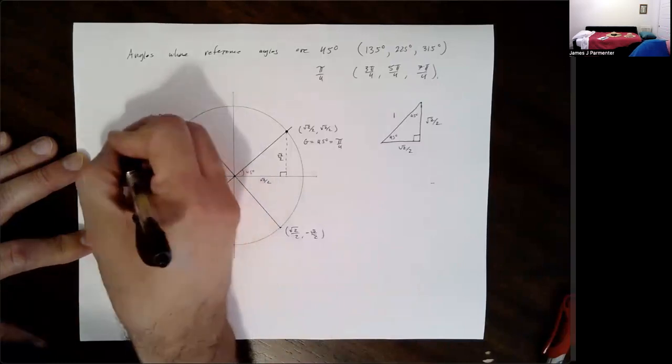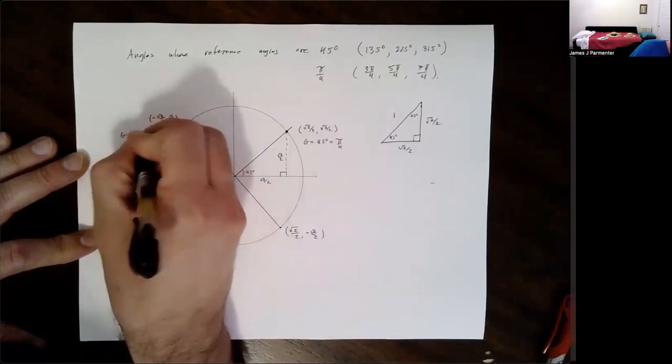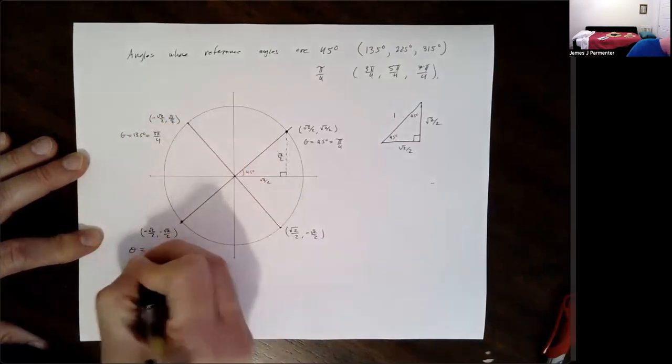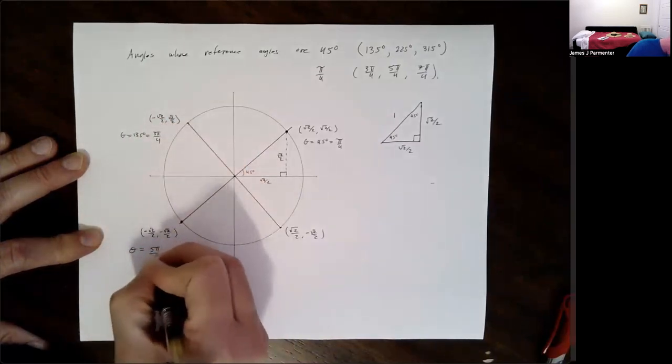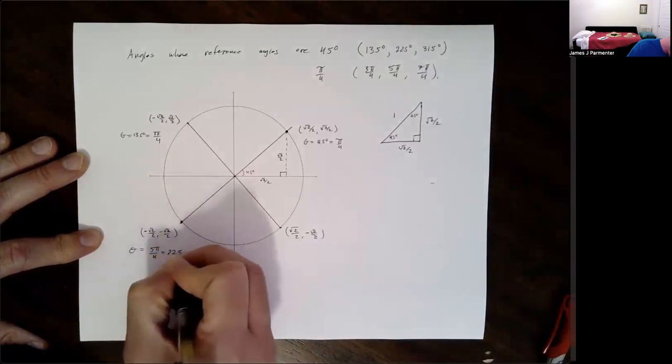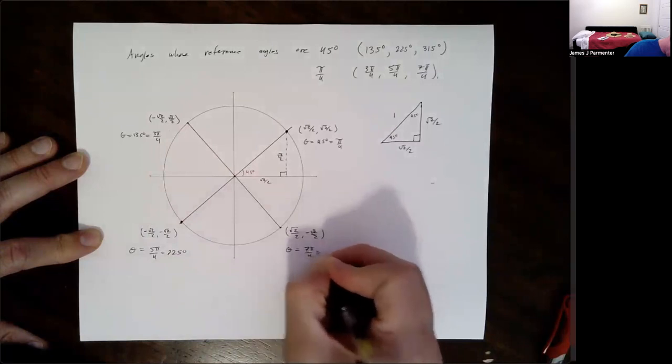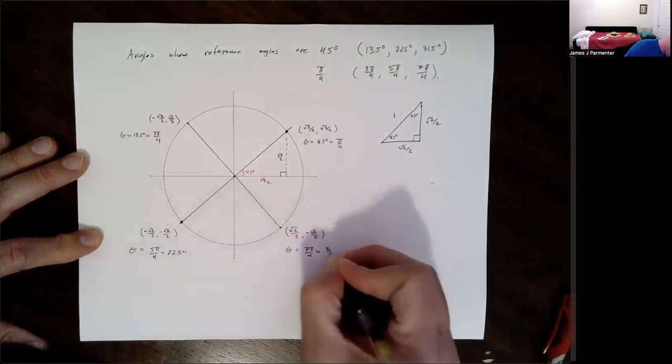Angle over here is 135 degrees, or 3 pi over 4 radians. Down here, the angle is 5 pi over 4 radians, or 225 degrees. Down here, the angle is 7 pi over 4 radians, or 315 degrees.